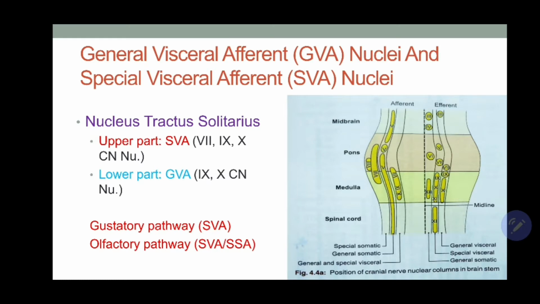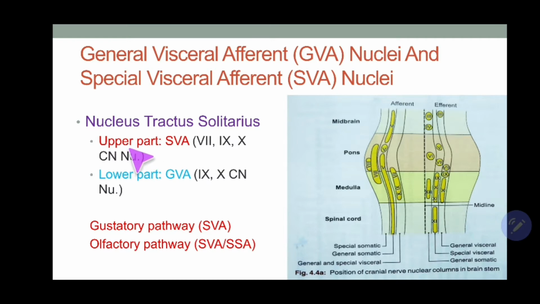Okay, so this is a combined nucleus, and the upper part and lower part of this nucleus have been divided. The upper part, you can remember, of the nucleus tractus solitarius, which is a combined nucleus of general visceral afferent and special visceral afferent sensations. Upper means something: people who are VIPs are asked to sit in the balconies. So you can say special people, right? Special people are asked to sit in the upper position.